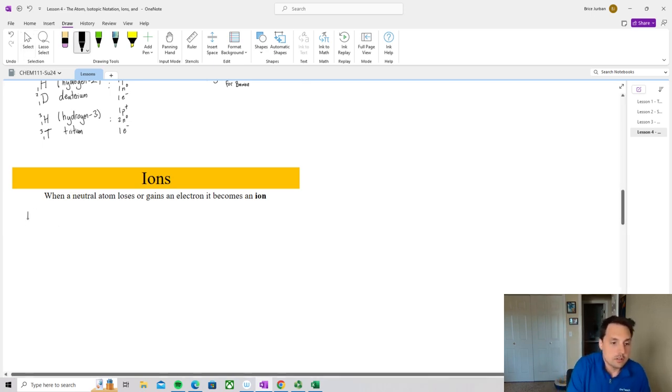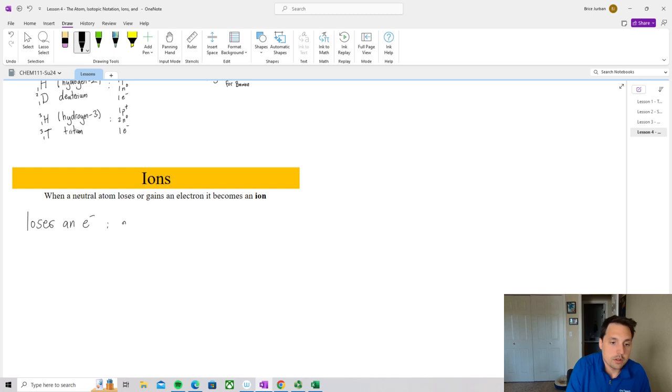Right, so we lose an electron, we form a cation. All right, so a cation is a positively charged atom. There's my cat there right on cue. That's right, I'm talking about you.